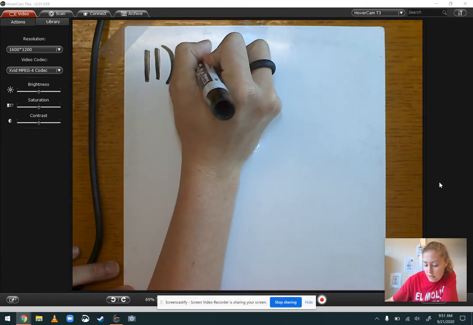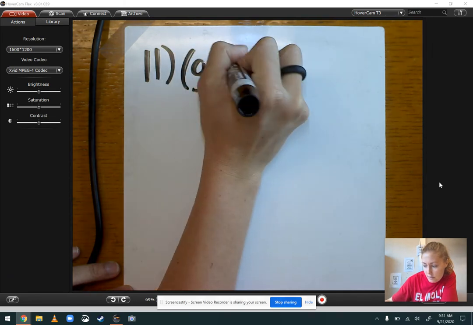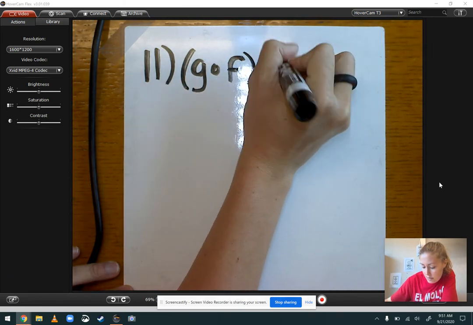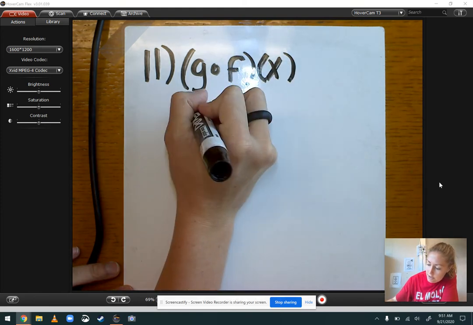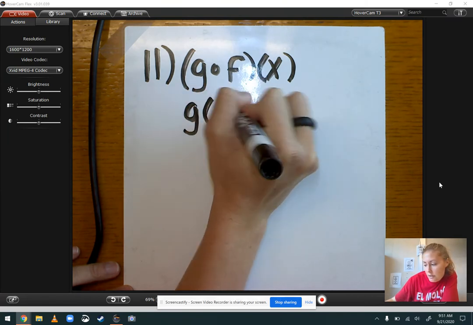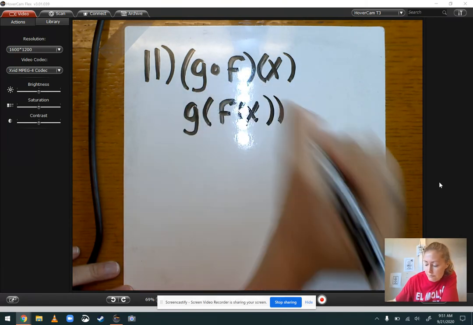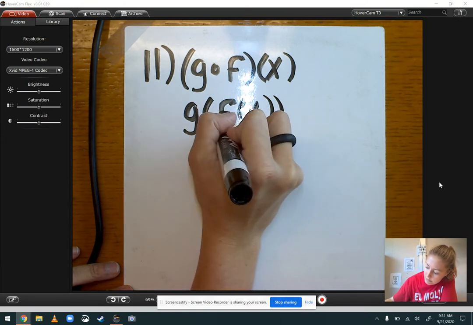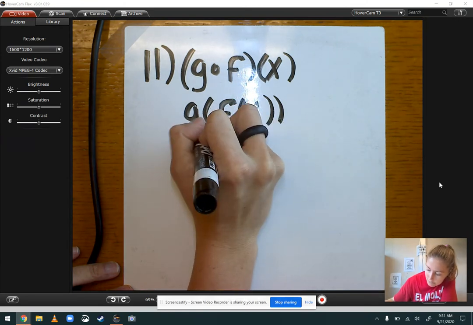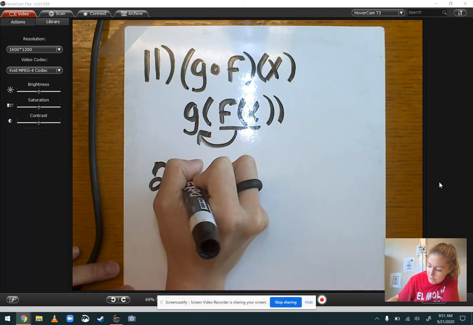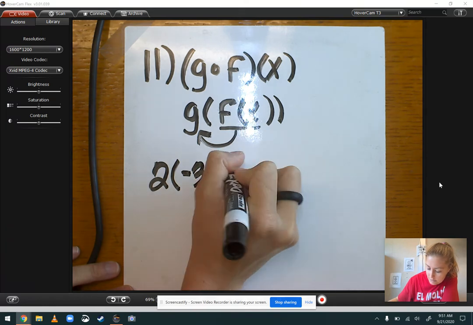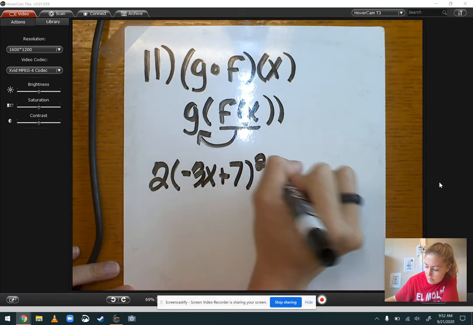Okay, 11. We have g circle f of x. So that means we're going to take g of f of x. We're going to plug f of x into g. So we replace the x with f of x, and f of x is negative 3x plus 7, squared, minus 8.